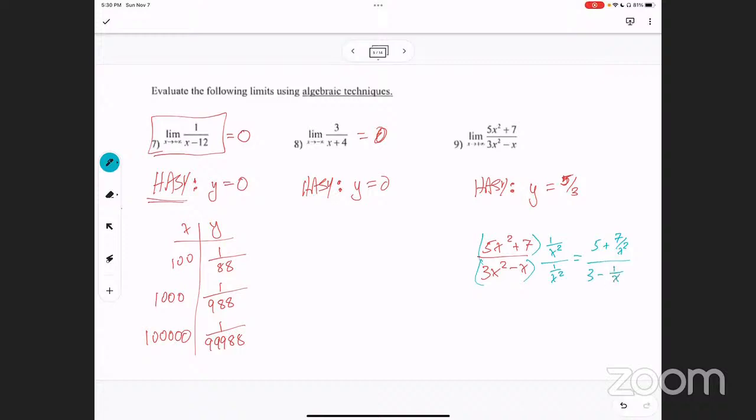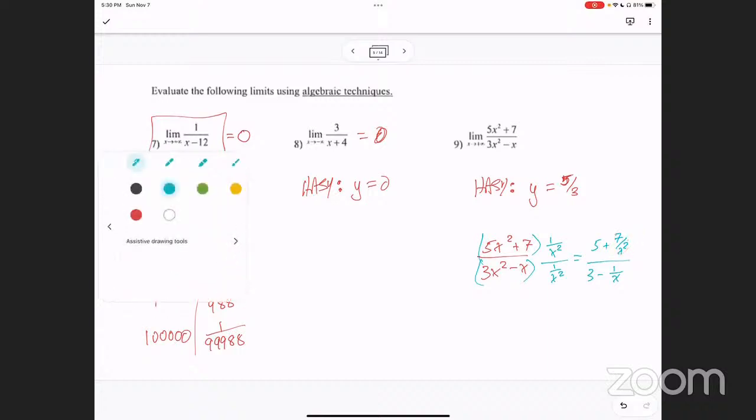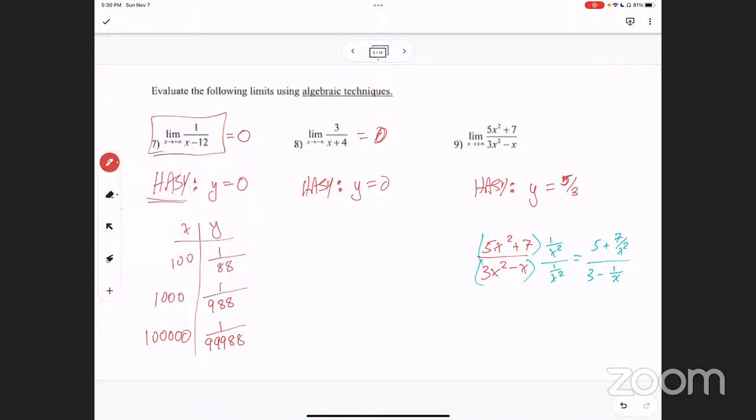And what happens to these things as x gets bigger and bigger? I don't know if this is considered an algebraic technique or calculus technique, but as you get further in this, these things go to 0. And that's why my answer goes to 5/3. All right. Make sense?